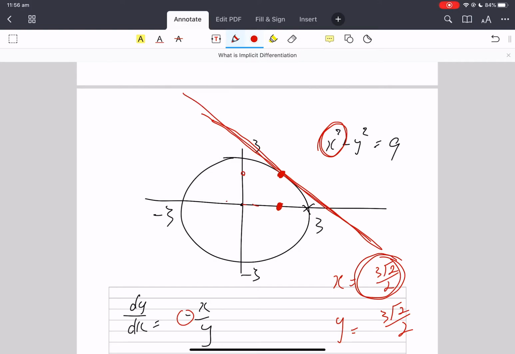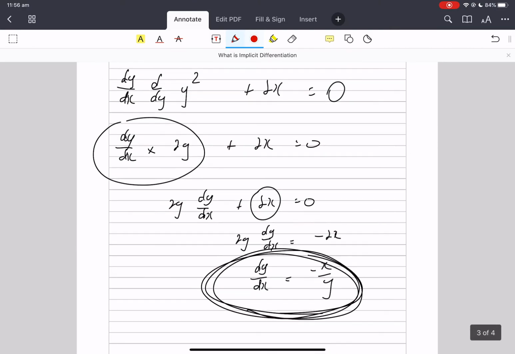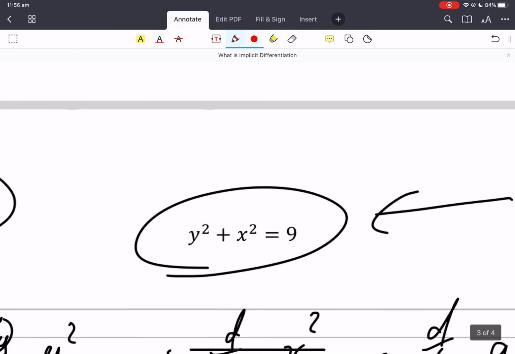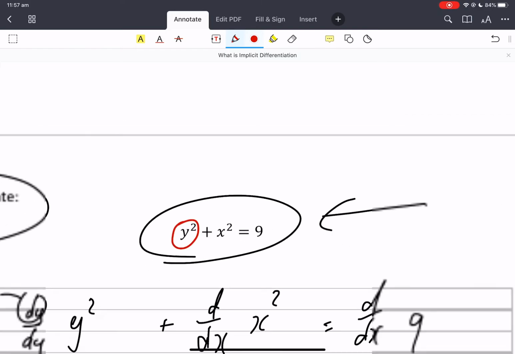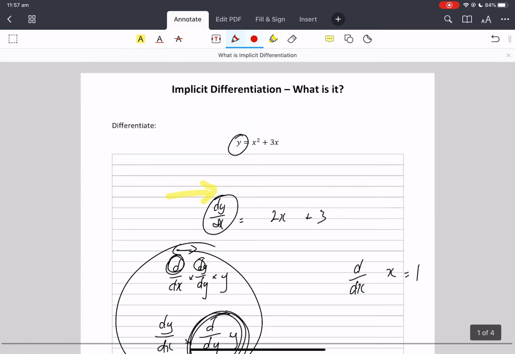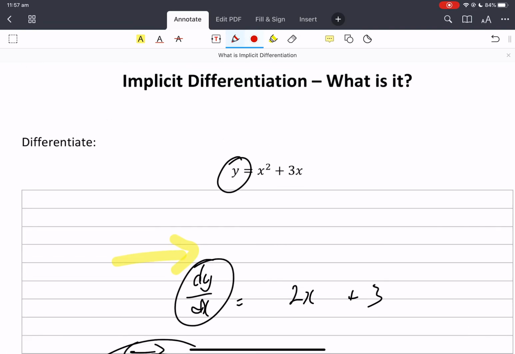But I could pick any value for x and then choose the value of y to find out any slope of that circle. That's implicit differentiation. Implicit differentiation is when I've got a function that isn't just y equals, it's got a y squared or other sort of power. Anyway, that's the basics of how it works. We need to do some harder questions and simplify that setting out. So we'll do that in the next video.